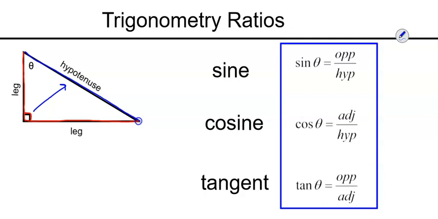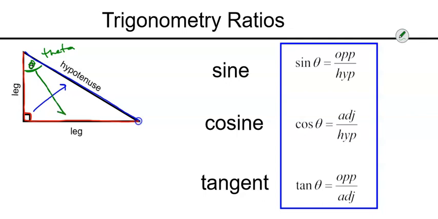Okay. And then as you're working through your trig ratios, this angle right here, this circle with a line through it, that's called theta. It's just a Greek letter. It's just like a variable, no different than using an x or a y. It's just that a lot of times that's the variable used for angles.